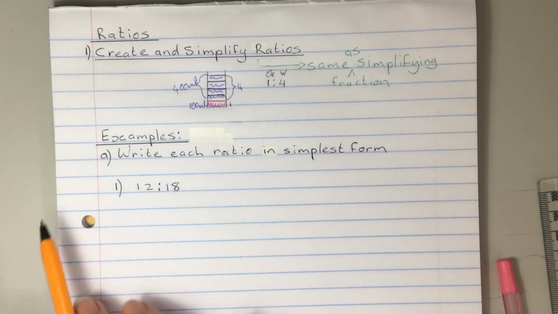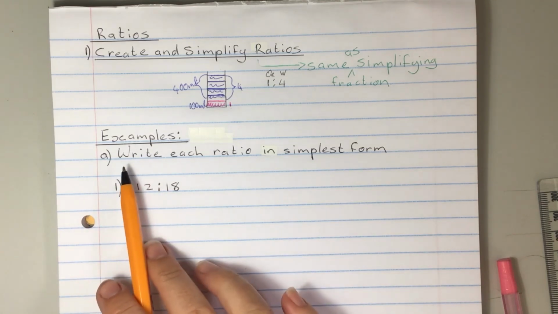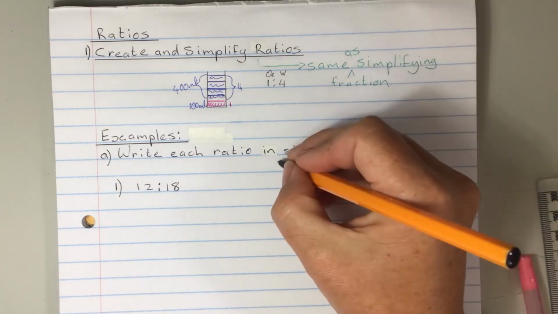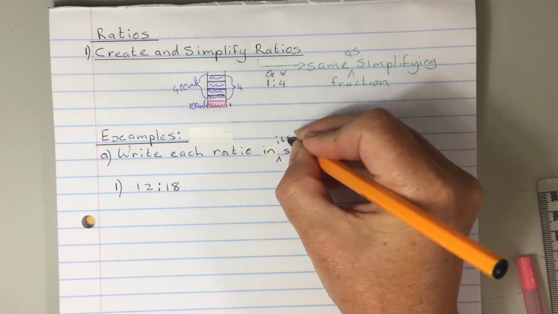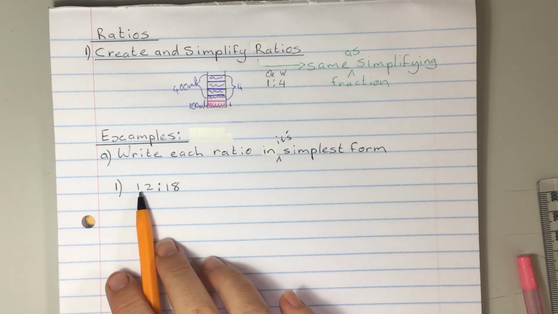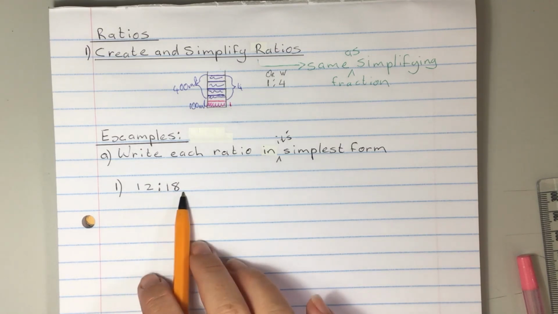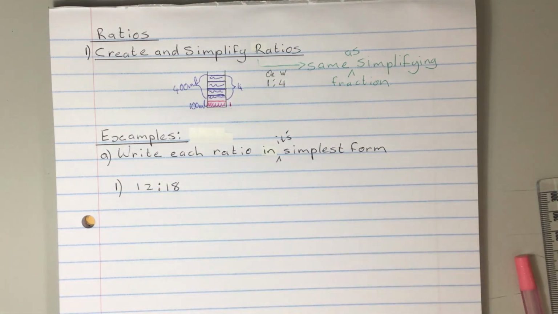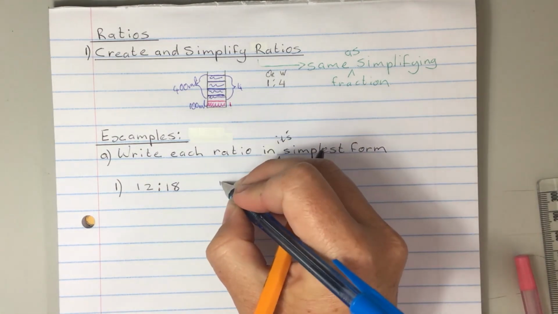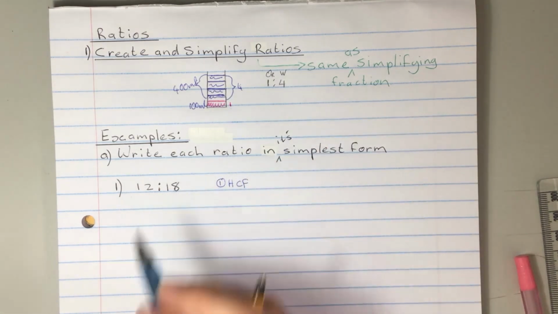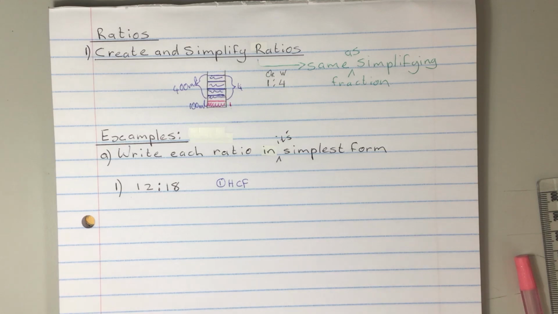So our instructions for our examples will usually be something like write each ratio in its simplest form. And here we have our first example. 12 to 18 is the way we would read that ratio. Now the first thing we're going to do is look for our highest common factor between our 2 ratio values.